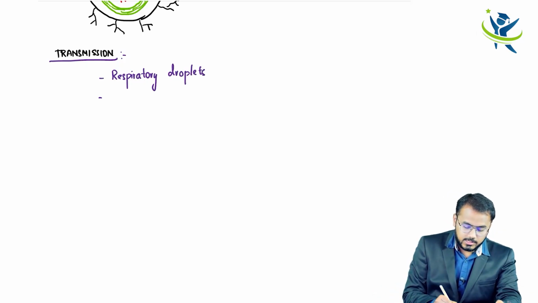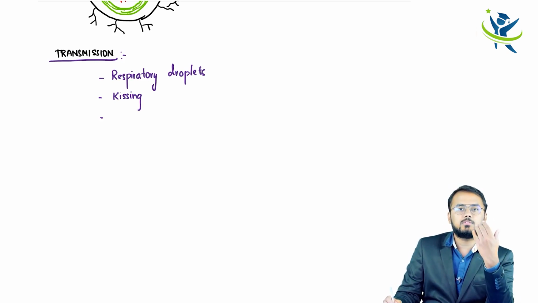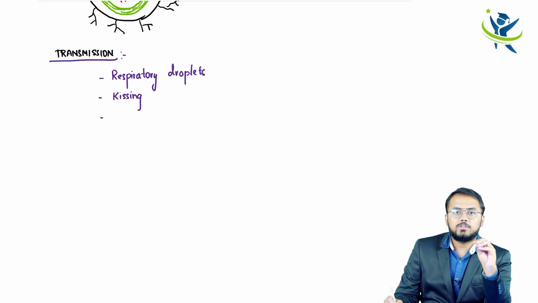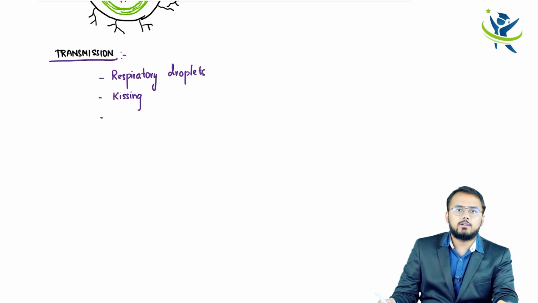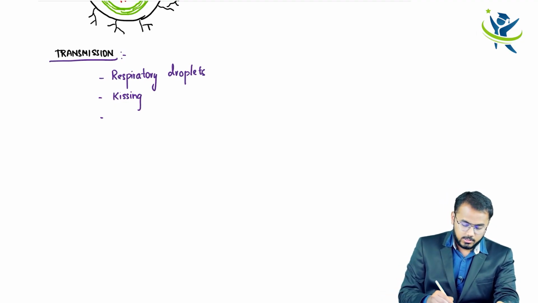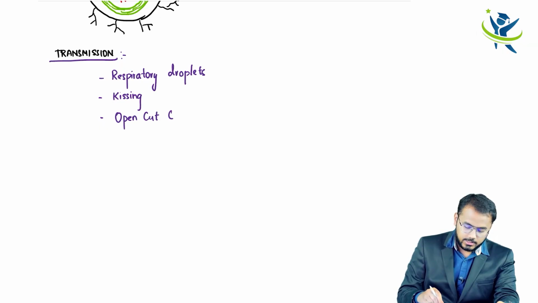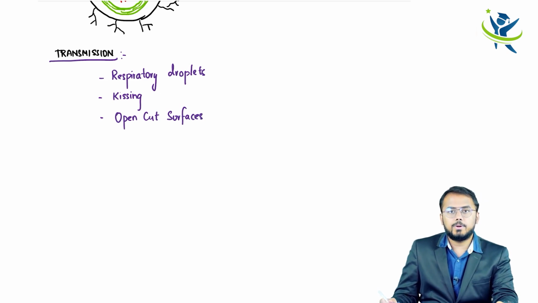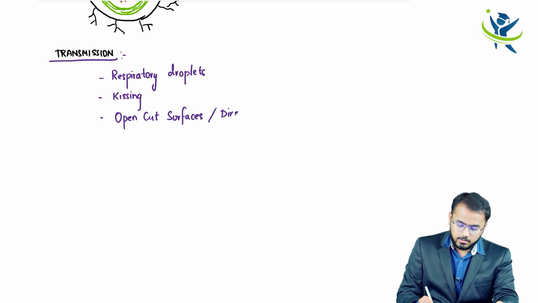Not only respiratory droplets, even by kissing. For example, if someone coughs or sneezes, this virus lands near open cut surfaces of your skin as well as mucous membranes, so by direct contact.